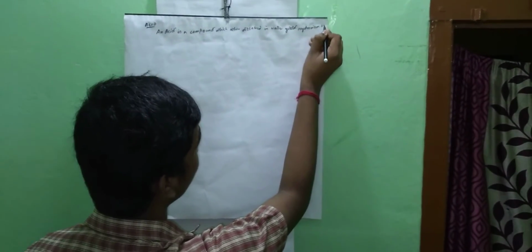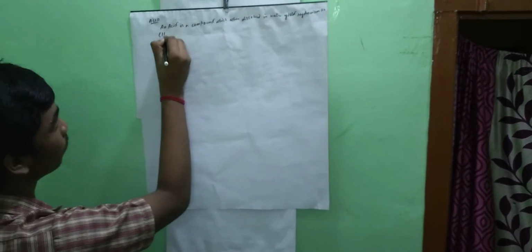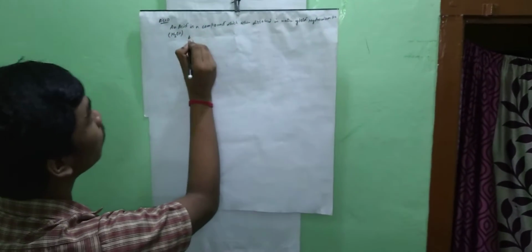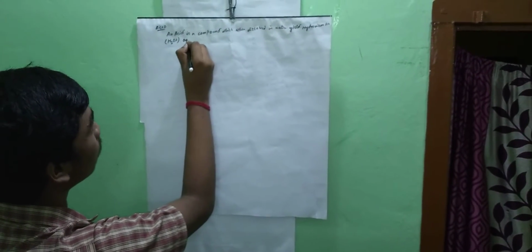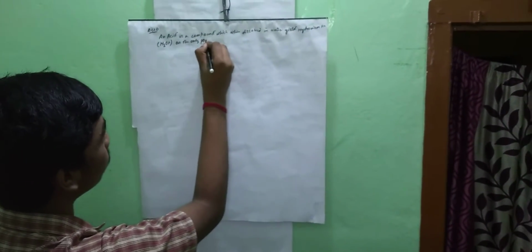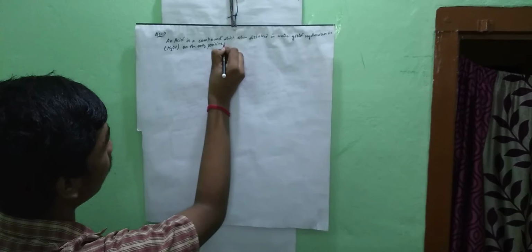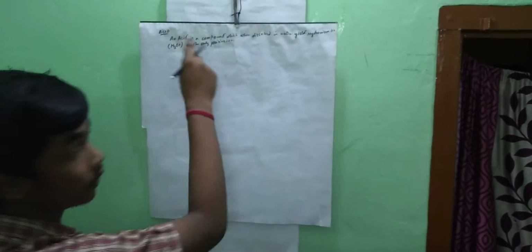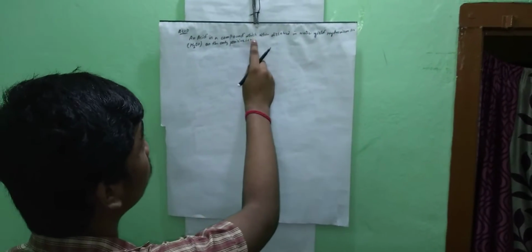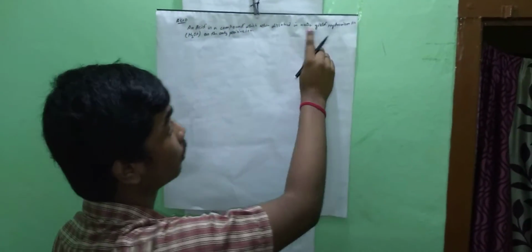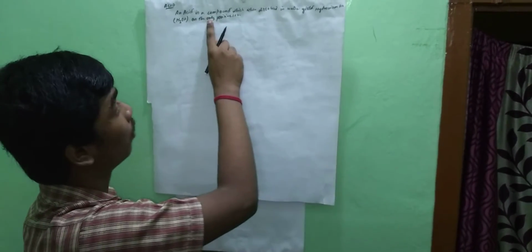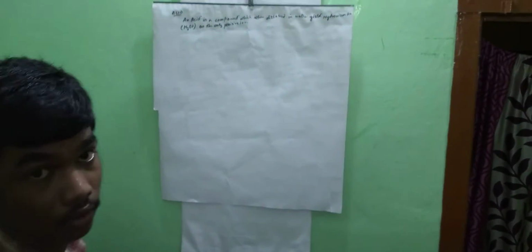Hydronium's chemical formula is H3O plus, and it is the only positive ion. The definition of an acid: an acid is a compound which when dissolved in water yields hydronium ion, H3O plus, as the only positive ion.